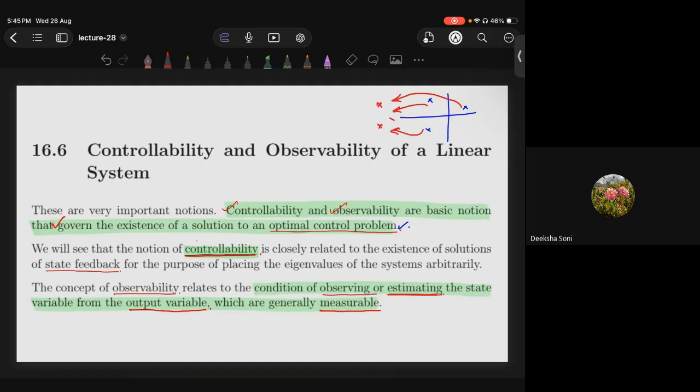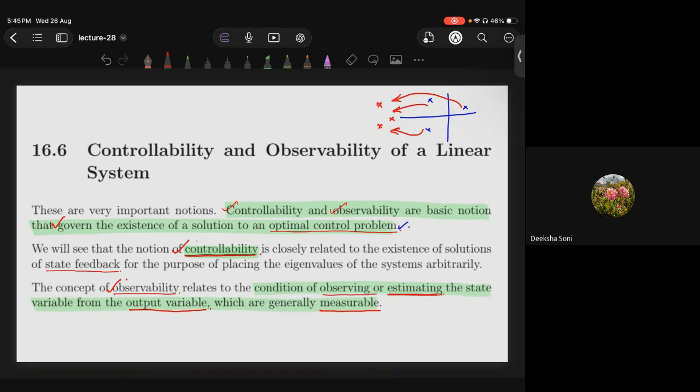That is controllability. Whereas observability: to do this controllability, or to move the poles from the existing poles, you need measurements of the states.